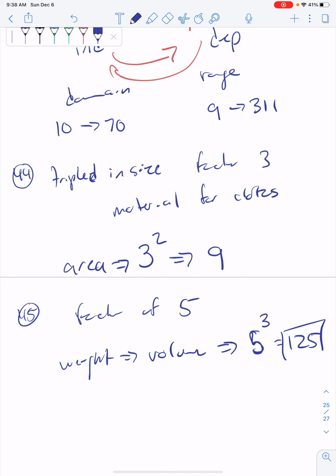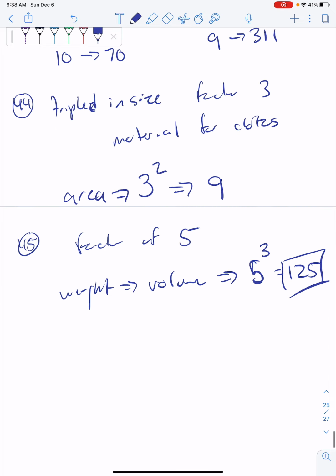So if I got 5 times as big, my weight would be 125 times what it started as. That's a big boy. Okay, number 46.